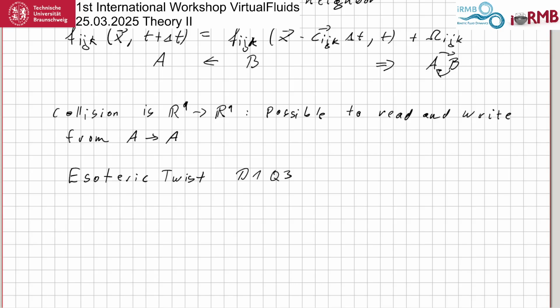Esoteric twist. I'm going to explain this in one dimension in order to make it simple. So what we are using is structure of arrays. I always confuse these things, but I think we are using structure of arrays. So this is as in the GPU version.